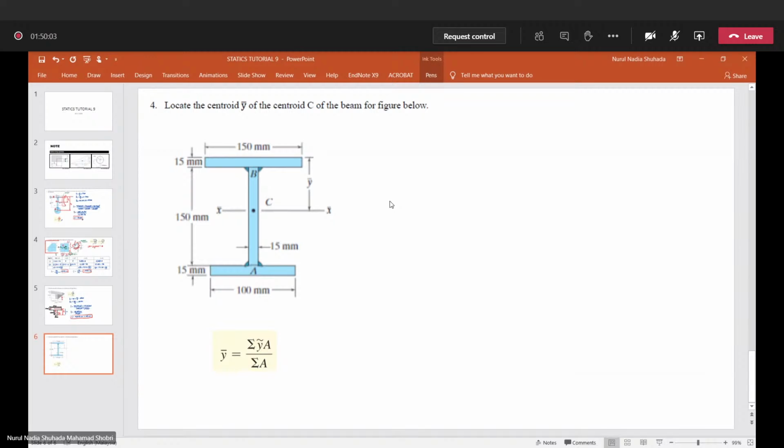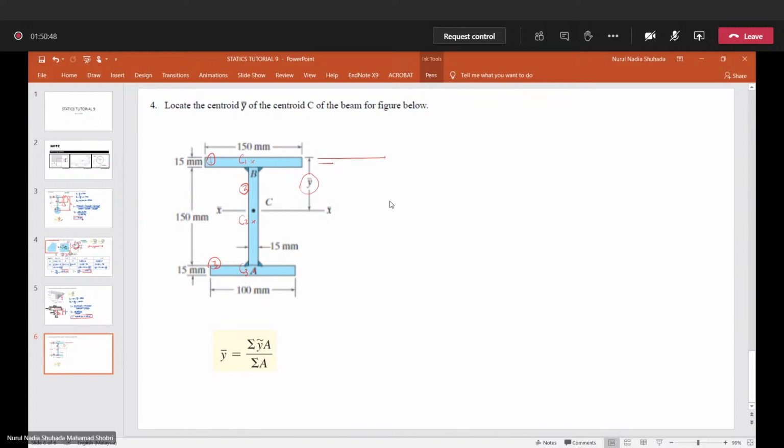First, we have to locate the segments. This is segment 1, this is segment 2, and this is segment 3, and this should be C1, C2 maybe somewhere here, and here is C3. As you can see, based on the indicator here, it wants us to calculate the value of centroid y for each geometry from the top.